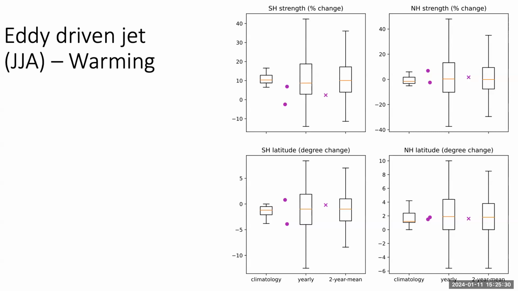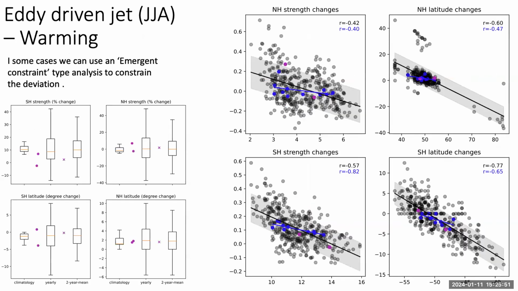But here I will focus mostly on the southern hemisphere, because I know that for the southern hemisphere the change depends on the control position of the climatology, what we call some type of emergent constraint, and we can generalize it a little bit.